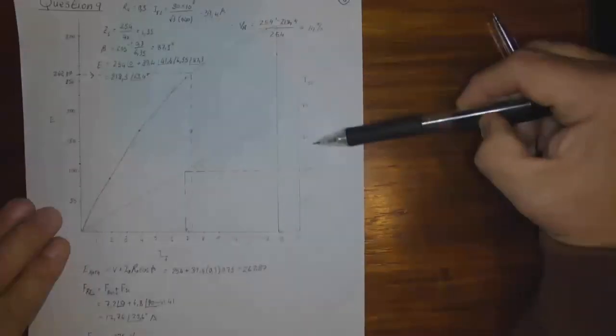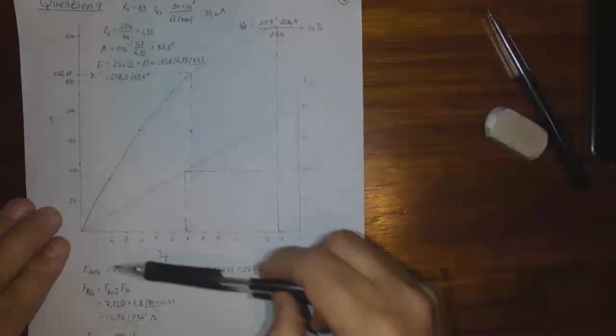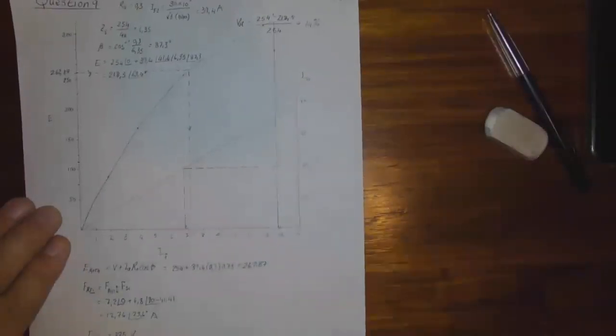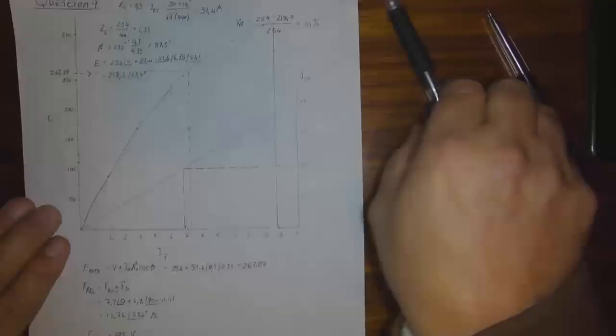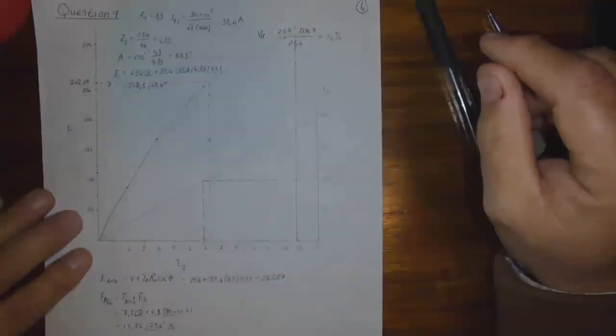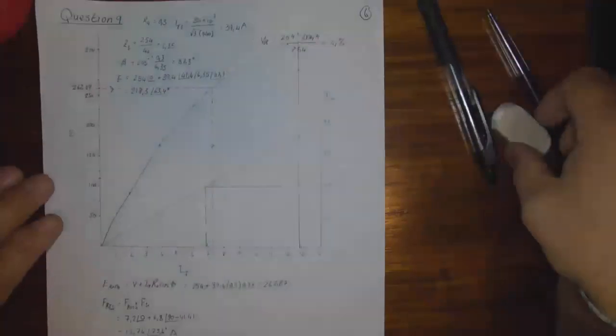And on the other side, I've got another scale, the short circuit current against the field current. Do you see that? All right. Now, will you be able to draw the graph?